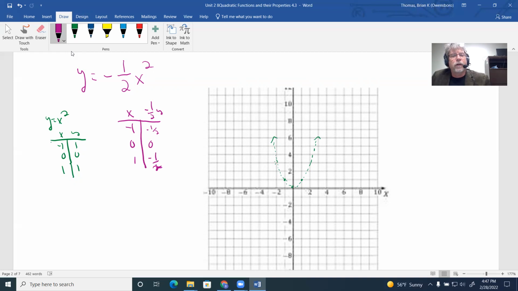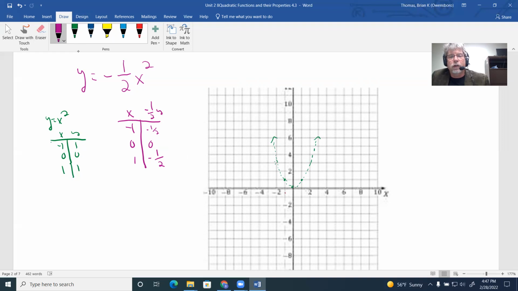So we have those points there that I could sketch. Let's make that a little bit more legible. So again, -1, -1/2.